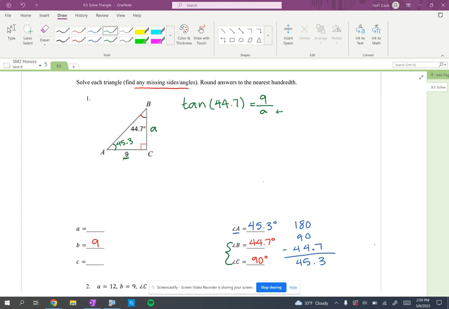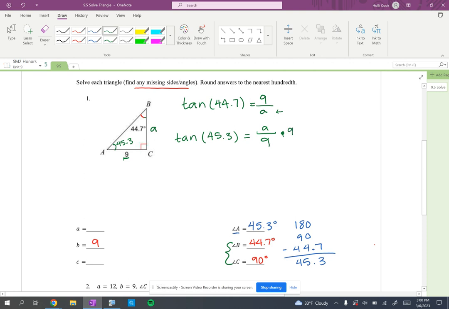So if I do the tangent of angle A, so 45.3, that's going to be A over 9. And then I don't have to do as much when I'm solving. So you can pick whichever one you would like to do. Or if you want to start with a sine or cosine, try and find your hypotenuse, you choose. But this is the one I'm going to do.